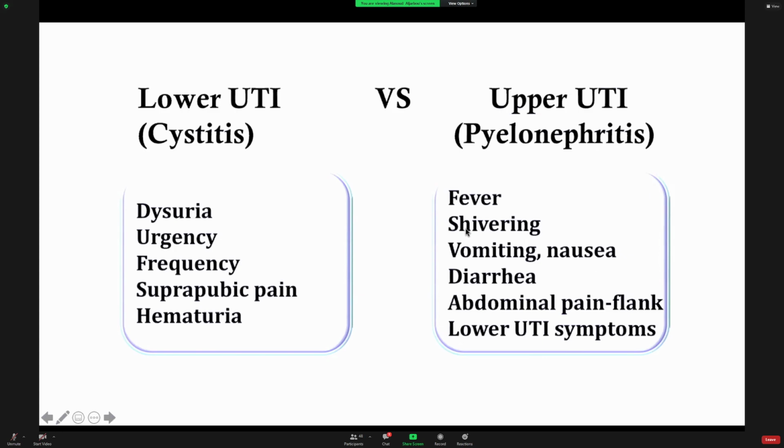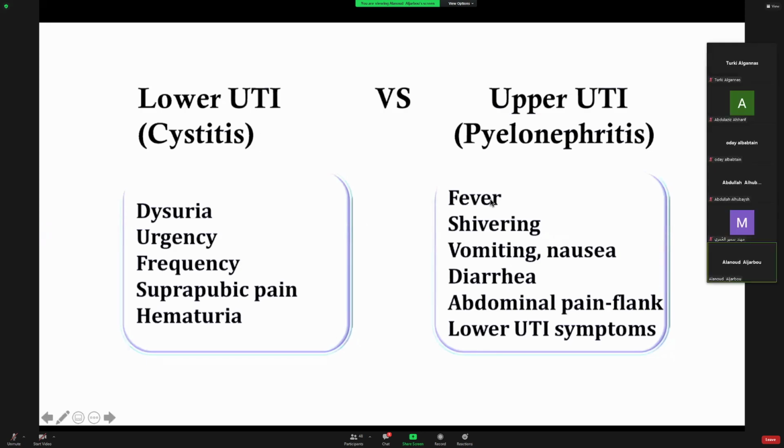In children, if there is fever, many clinicians will call it upper UTI and treat it as pyelonephritis. Why do we need to differentiate? Because the duration of antibiotics differs. If it is only lower UTI, we will go for 3 to 5 days. If it is pyelonephritis, we will go for 10 to 14 days. So in my practice, many clinicians treat fever as pyelonephritis.